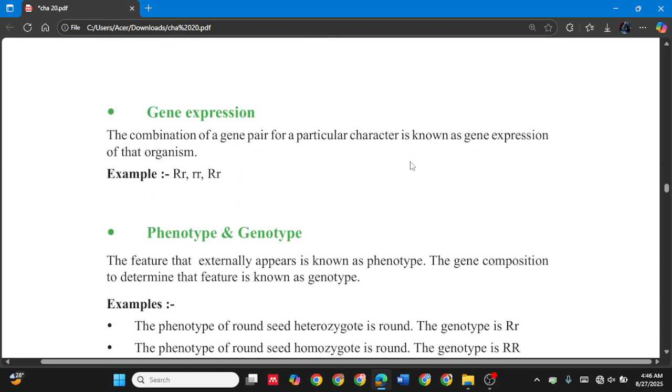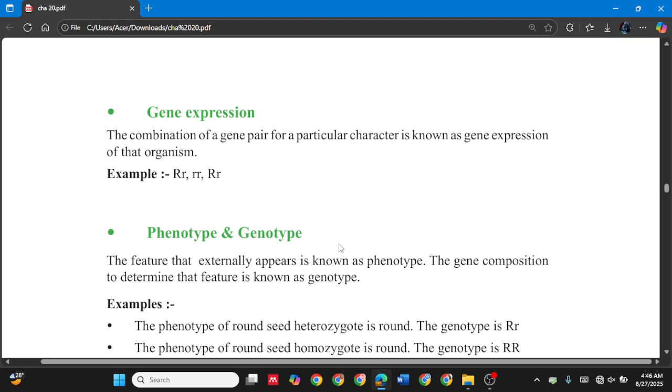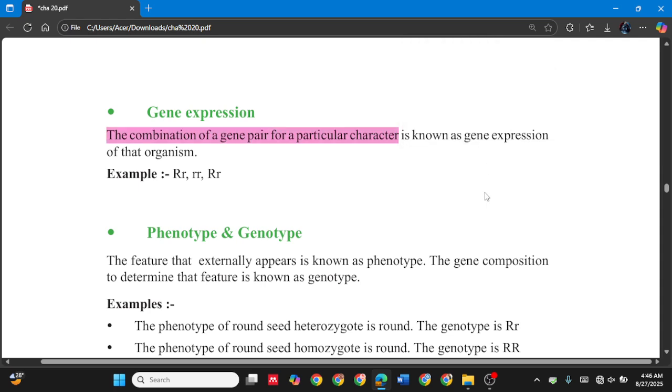Gene expression: the combination of a gene pair for a particular character is known as gene expression. Think like the character is tall. What could be the gene pair to express that tall character?